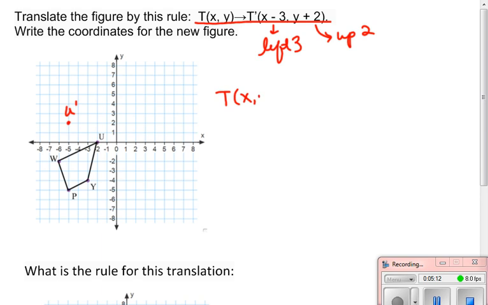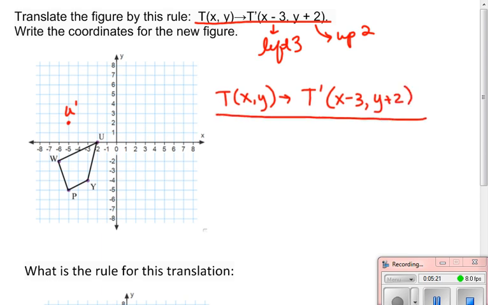So here are my originals, my rule. If I make my table, U is at (-2, 0). Y is at (-3, -4). P is at (-5, -5).